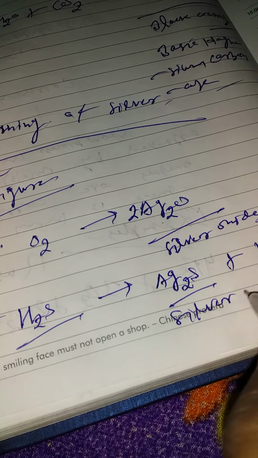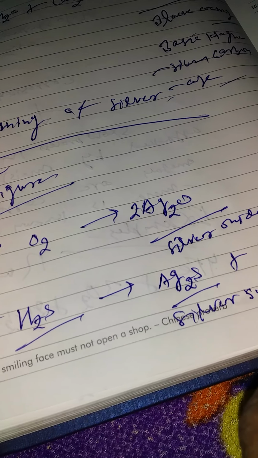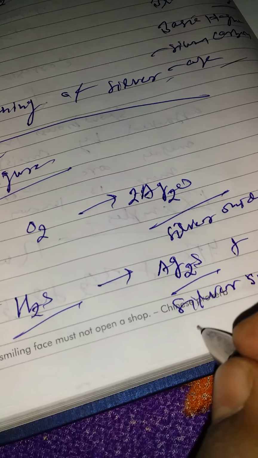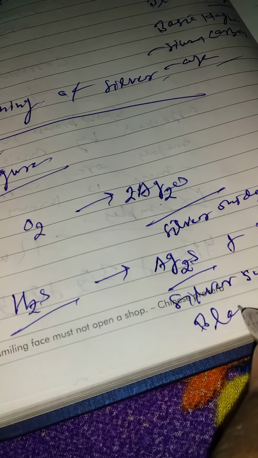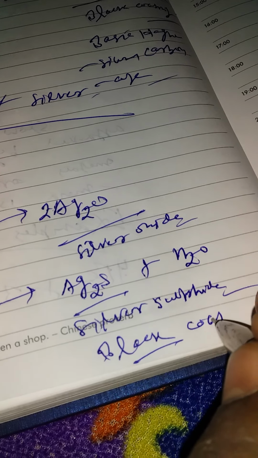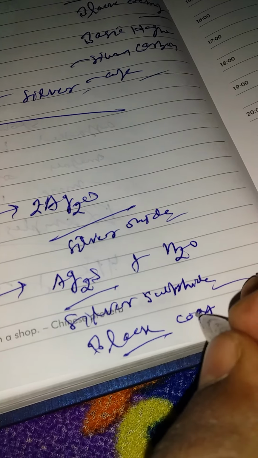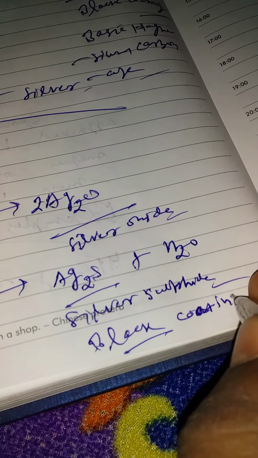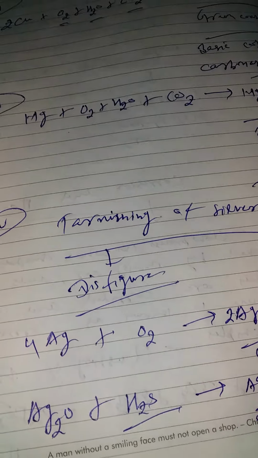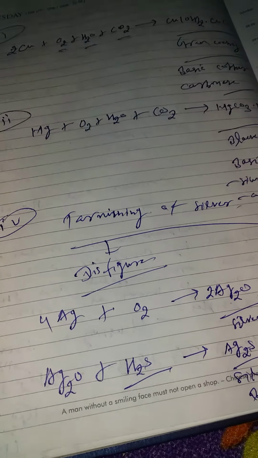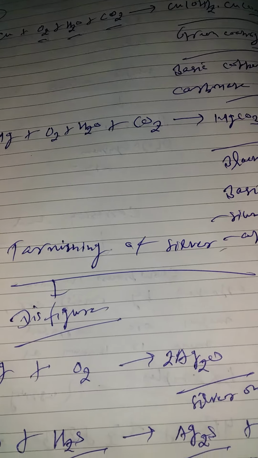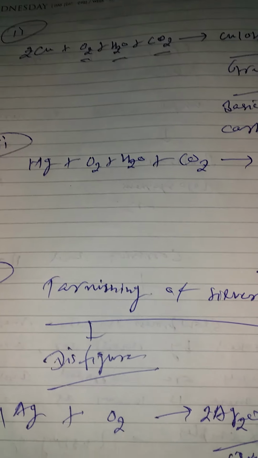Silver sulfide has black color, that means a black coating on silver metal. So tarnishing of silver is also an example of corrosion.